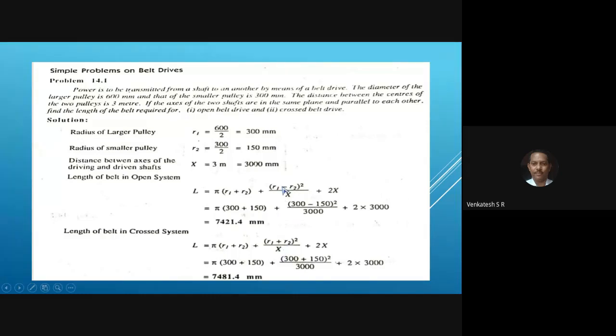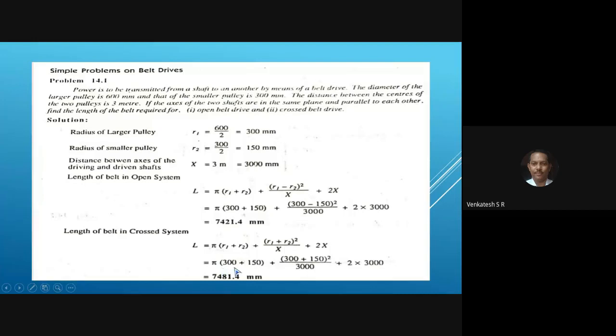Only here you have negative sign, here you have positive sign. L equal to pi into (R1 plus R2) plus (R1 plus R2) whole square divided by X, plus 2X.